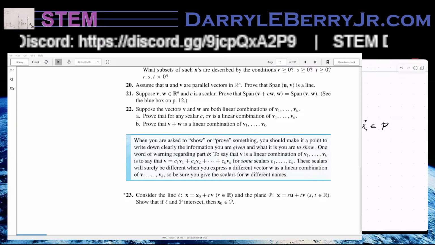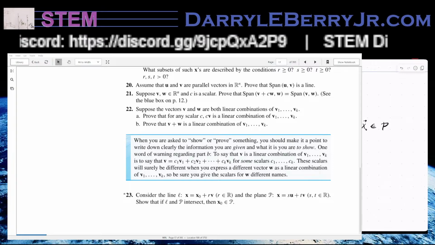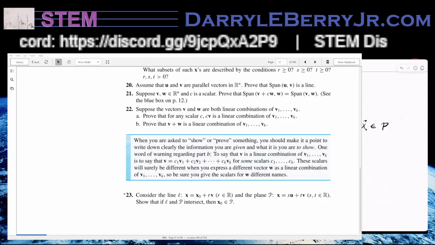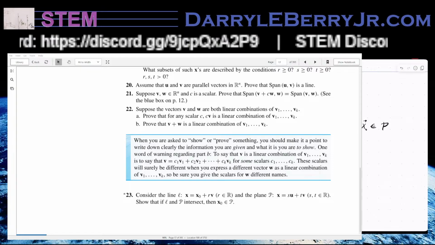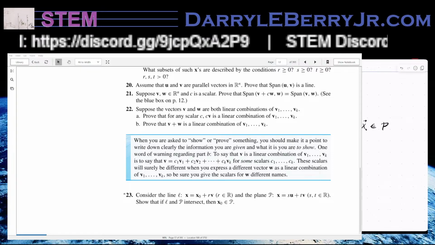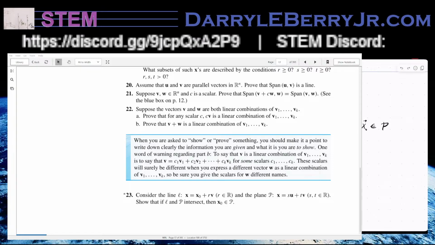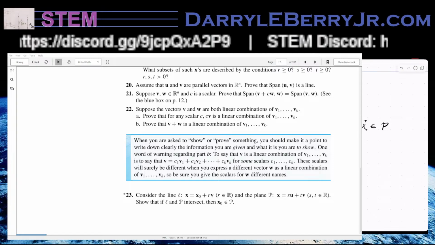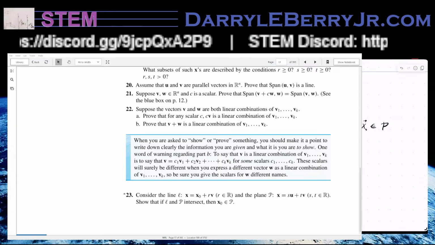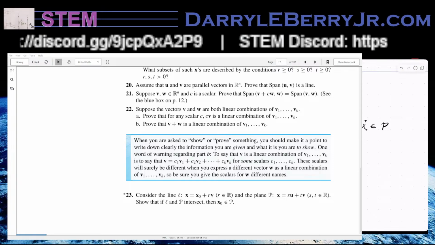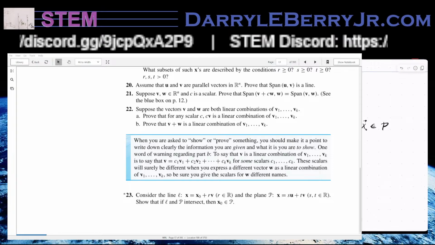So this vector in this direction is the direction v, and it's scaled by r up and down to make that line.